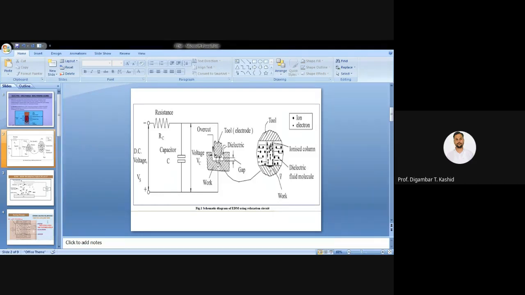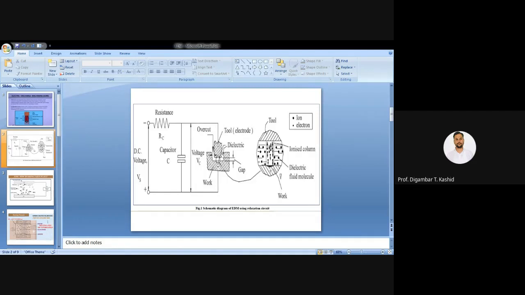Still more electrons are coming outside. So many electrons collide with the dielectric atoms, and electrons come out from your atoms. At that time there is a surge of flow of electrons from the cathode towards the anode, and at the same time these ions, which are positively charged, are directed towards the cathode.